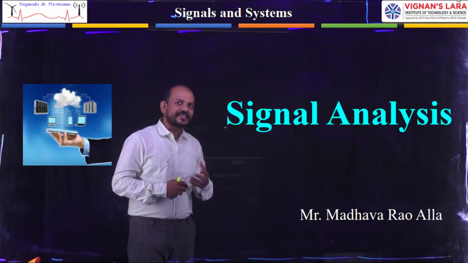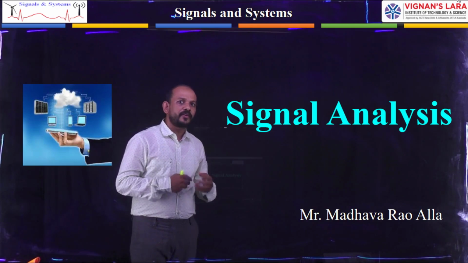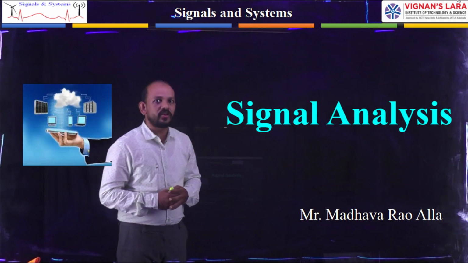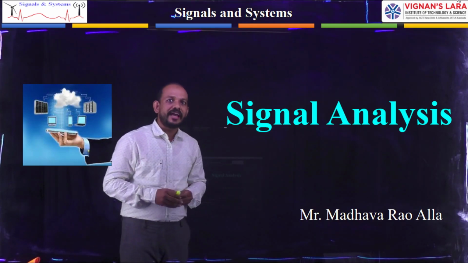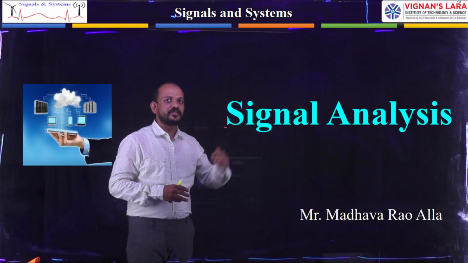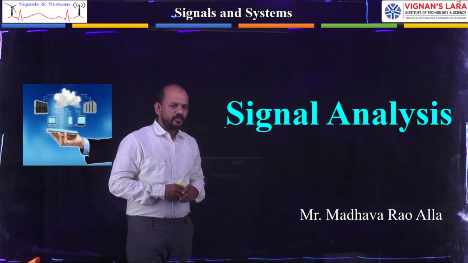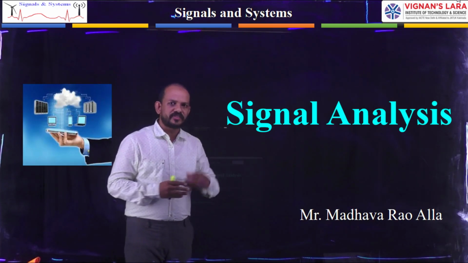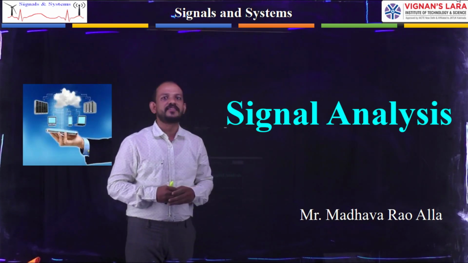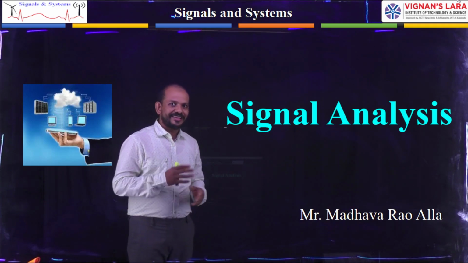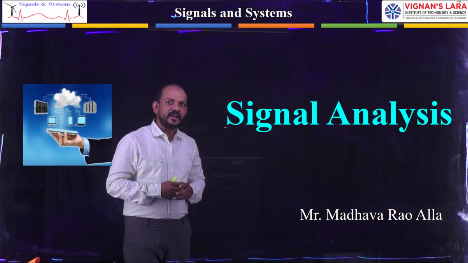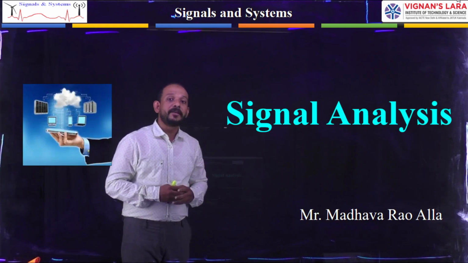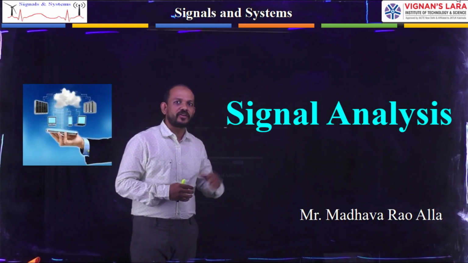It will take less time to understand and it will be remembered forever if I explain the concept of signals with the help of the concept of vectors. So is it possible to explain the concept of signals with vectors? Yes, it is possible, because there is a perfect analogy between signals and vectors.